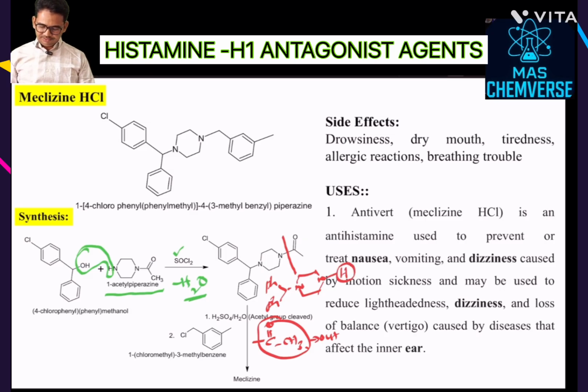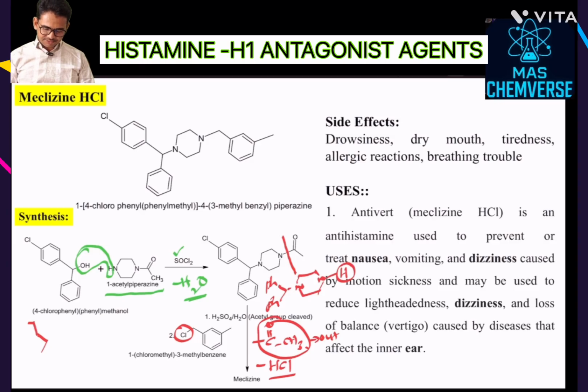Now what happened? This hydrogen combined with this chlorine, then it loses the acetyl, along with it is going to release the hydrochloric acid. Then what will it produce after losing this? It is going to produce the meclazine.